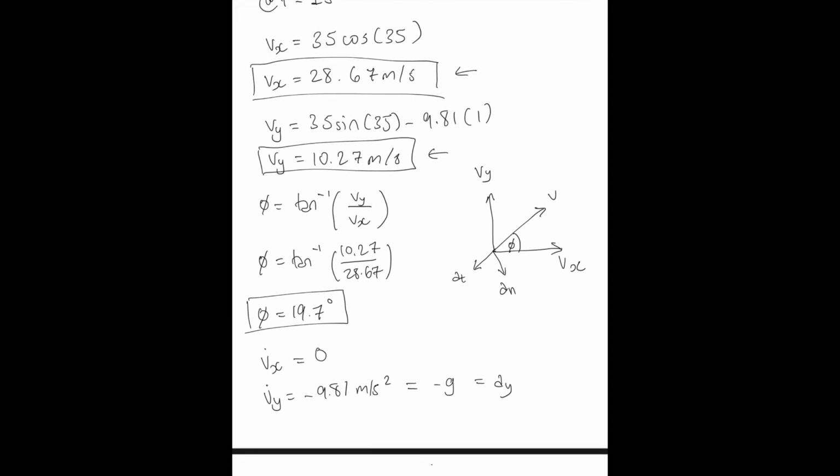So if we go back to our little diagram, this is going to be our Ay, there's no Ax, and this is going to be phi. So the tangential acceleration is just going to be minus Ay sine phi in the j direction.